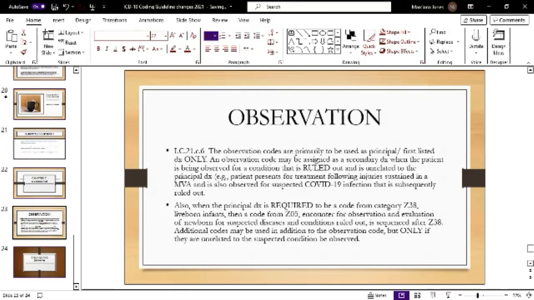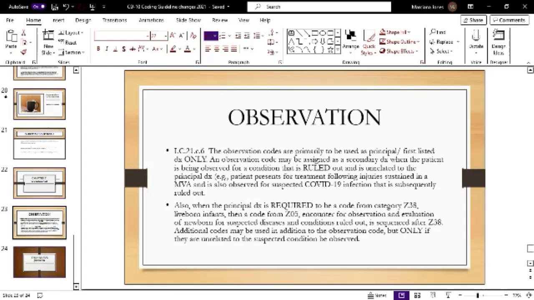So also, when the principal diagnosis is required to be a code from the category Z38, which is the live-born infant, then a code from Z05, which is encounter for observation and evaluation of a newborn for suspected diseases and conditions ruled out, is sequenced after Z38.